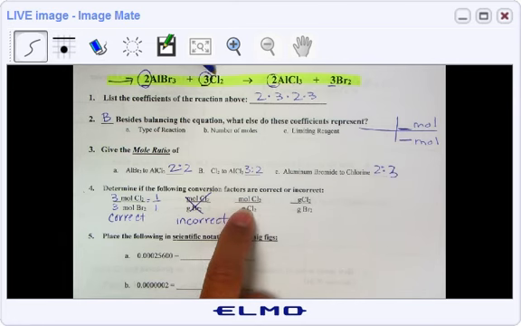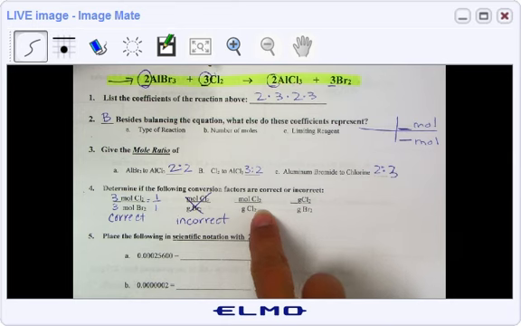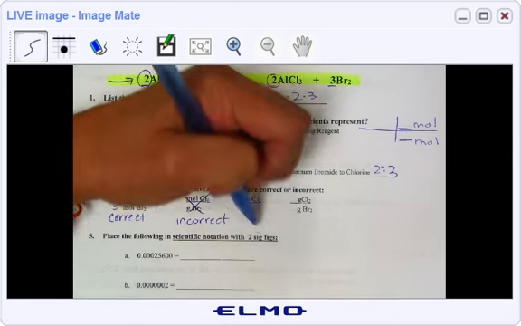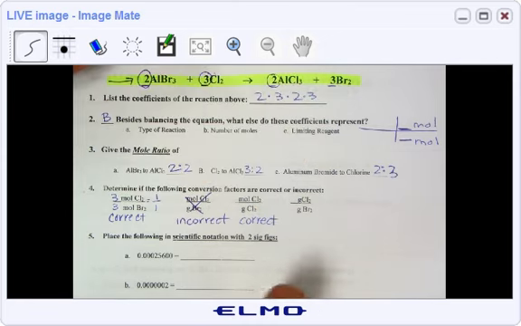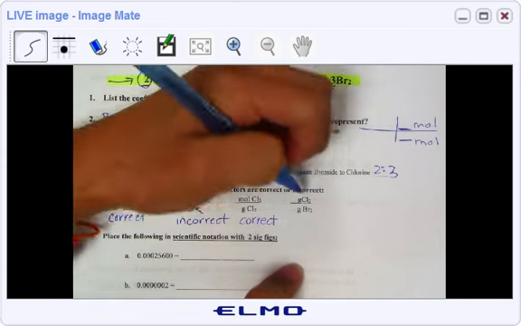Is a mole of Cl2 equal to a gram of Cl2? Yes, because it is the same element. The last one: are the grams of Cl2 equal to grams of Br2? No.